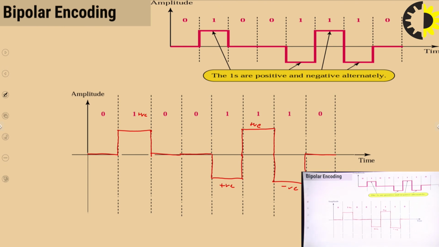NRZ is further divided into 2 categories, that is NRZ-L, L means level, NRZ means non-return to 0. Second category is NRZ-I, in which we are inverting the signal whenever 1 is encountered, and further are Manchester encoding and differential Manchester encoding. Thank you.